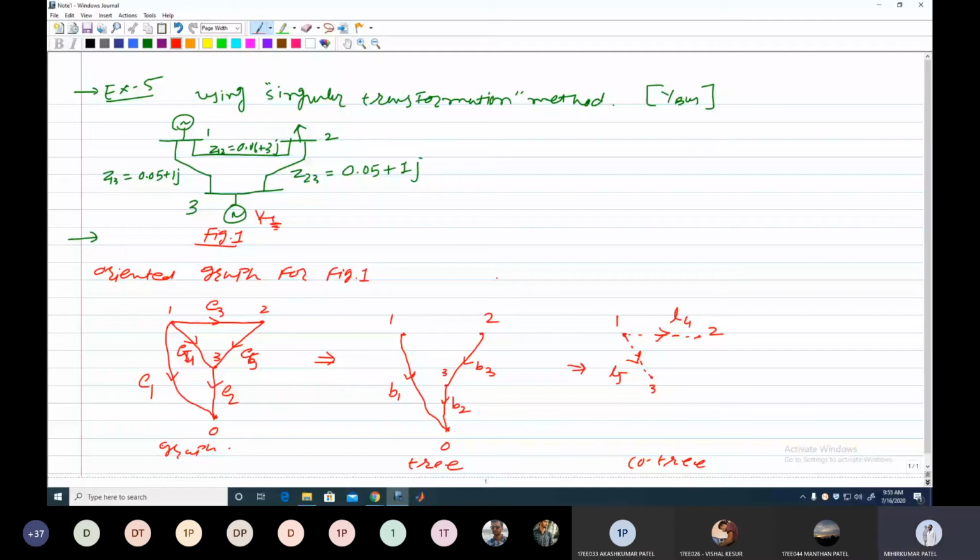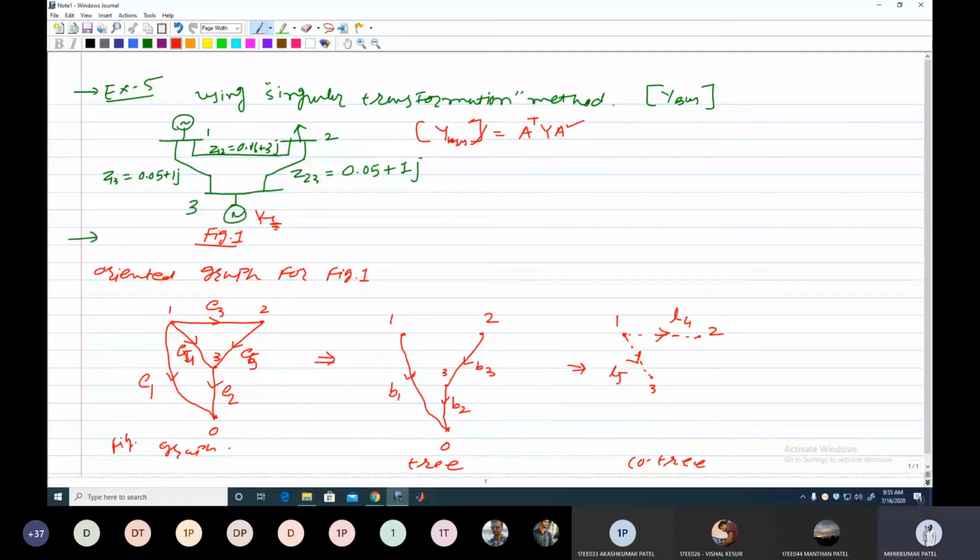So from this network, the next step is to formulate. For formulation of the Y bus using the singular transformation method, we have derived one equation, which is Y bus is equal to A transpose Y into A. So for that, we have to calculate the system matrix or bus incidence matrix from this oriented graph, or say figure number 2.